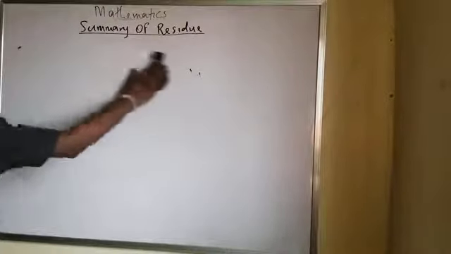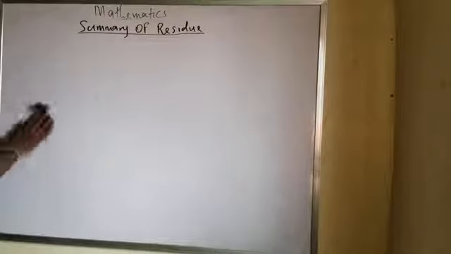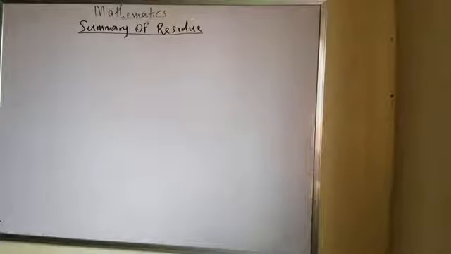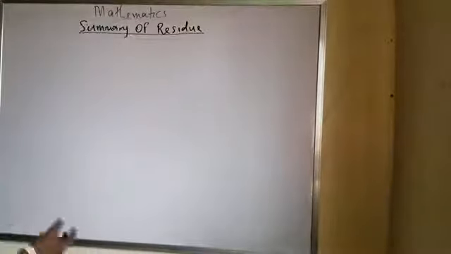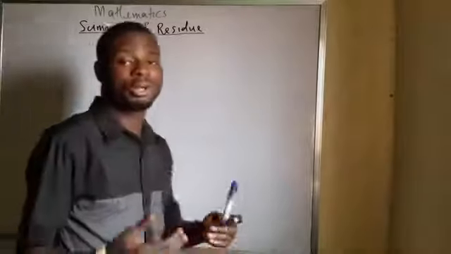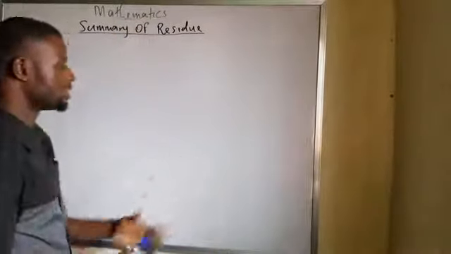Now, when you have a problem, you must know where the question is coming from. When you detect the question, you will know the kind of method to use, whether method 1, 2 or 3, whichever is suitable for the problem.